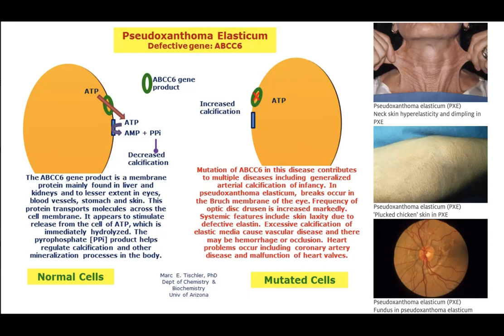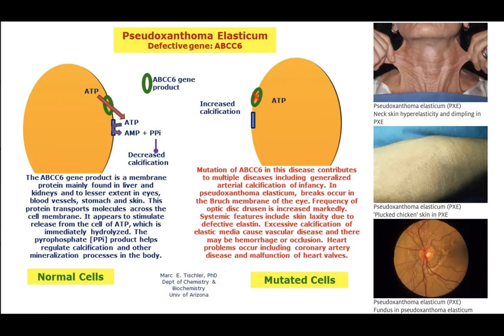However, when the ABCC6 gene product is mutated, what happens is you get increased calcification. So the mutation of ABCC6 in this disease contributes to multiple diseases, including generalized arterial calcification of infancy. In pseudoxanthoma elasticum, breaks occur in the Bruch membrane of the eye.